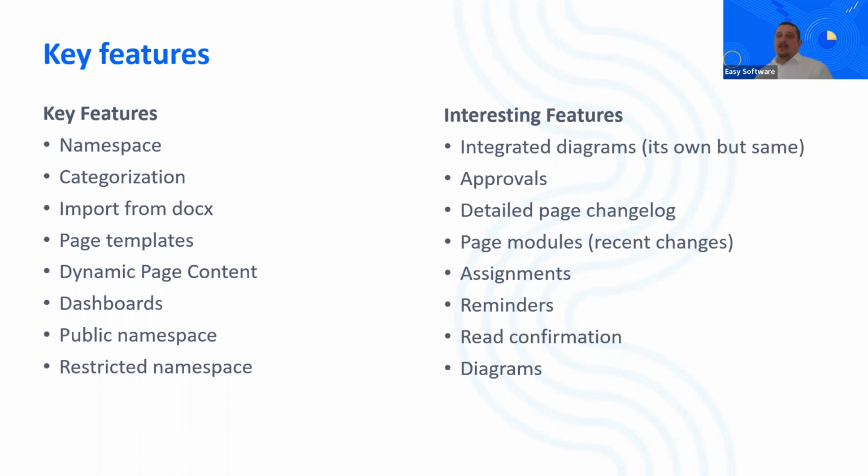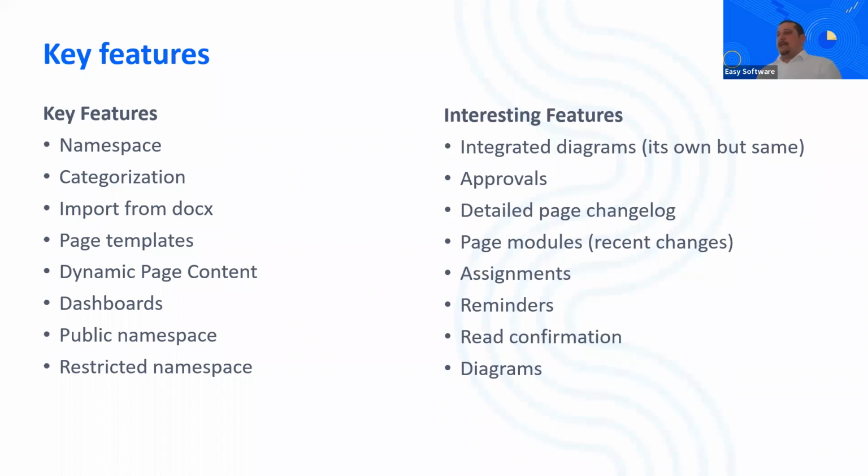At the same time, you can choose to have certain types of documents in a dedicated namespace where you can apply some other features, and also maybe restrict access to this namespace.